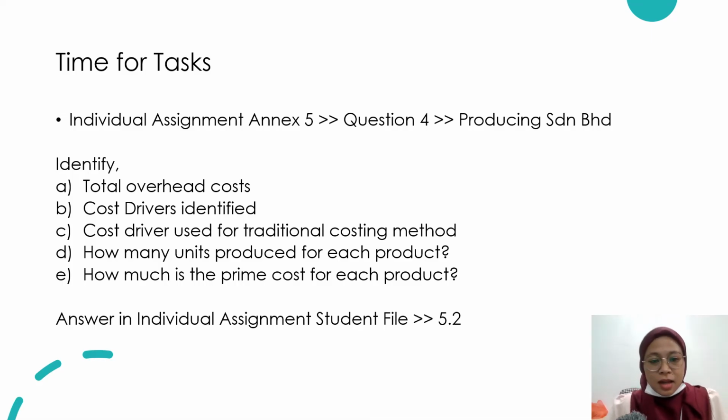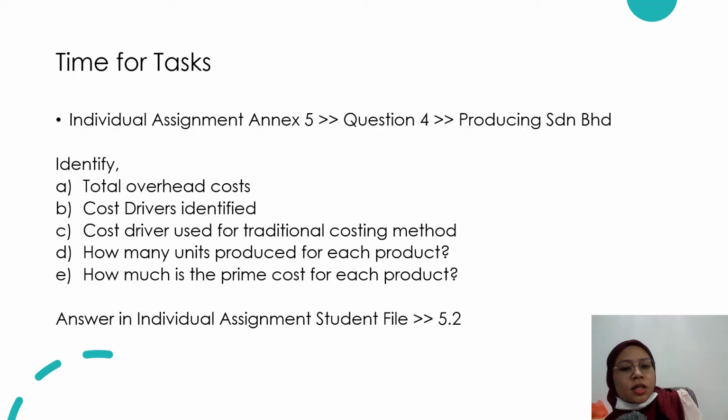Right. Now it's time for the task. So simple. You just go to individual assignment Annex 5. Look at question 4. You will see the title Producing Number Height. So what you're going to do is go to your own individual assignment file, click 5.2, and answer the 5 questions in the section under 5.2. Alright.